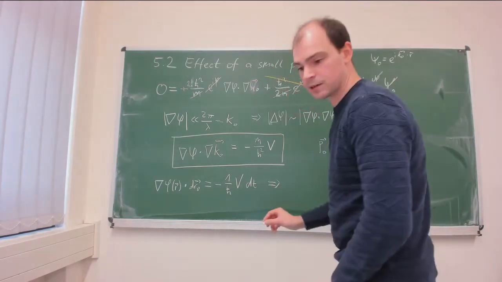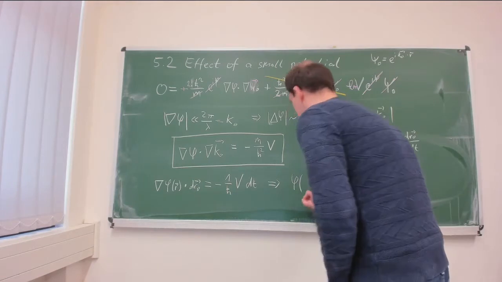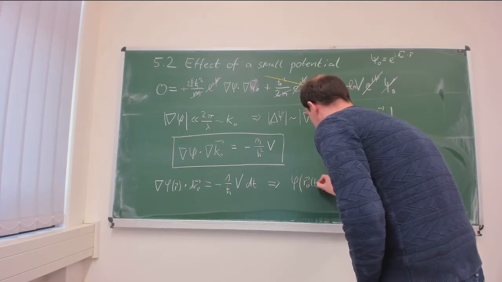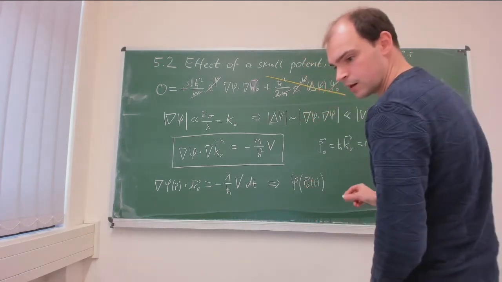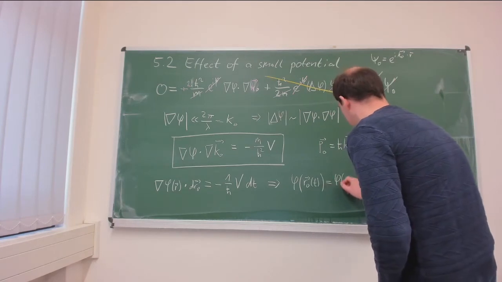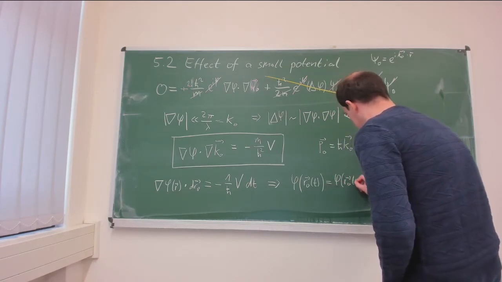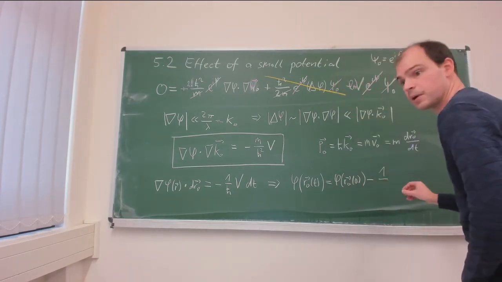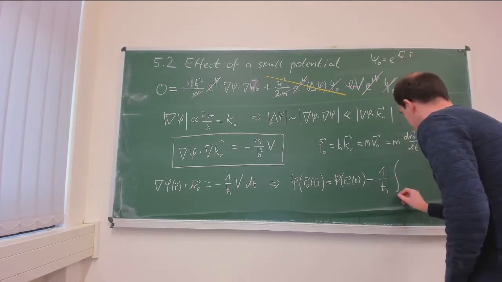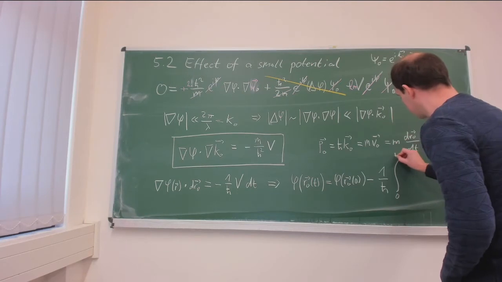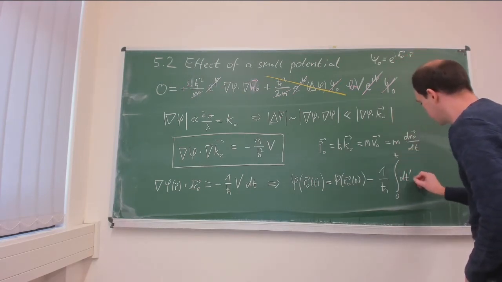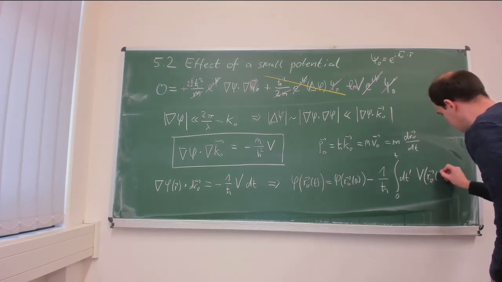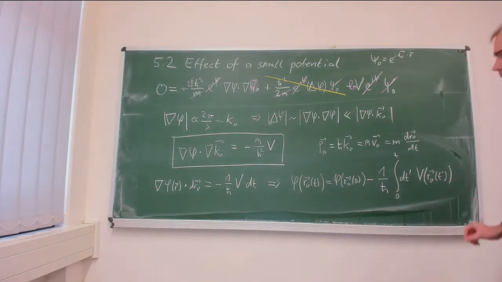So if we integrate this, we find that the phase phi at the particle position r0 of t is given by the initial phase minus 1 divided by h bar, the integral from 0 to t of dt prime of our potential at the particle position r0 of t prime.